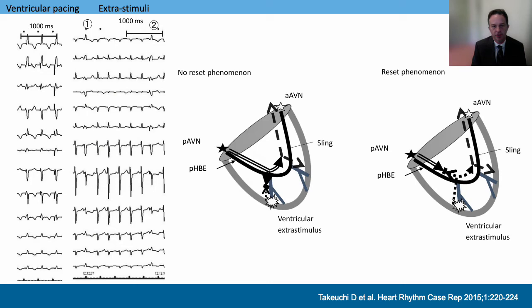And the authors essentially proposed that their extra stimulus was occurring in or near the conduction system itself, and that the absence of progressive fusion or changes in the QRS complex, which would suggest additional antidromic penetration into the ventricular myocardium, means they're pacing in a continuous conduction sling. Whereas if there are 2 separate insertions, one would see progressive antidromic penetration to the muscle. And so this is another criteria that's been proposed for patients with continuous conduction slings.